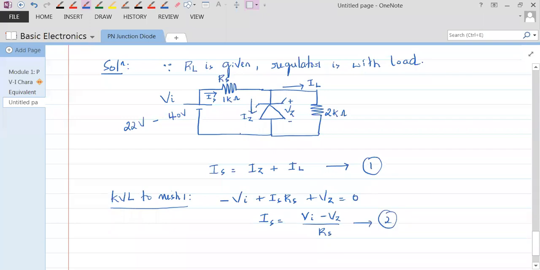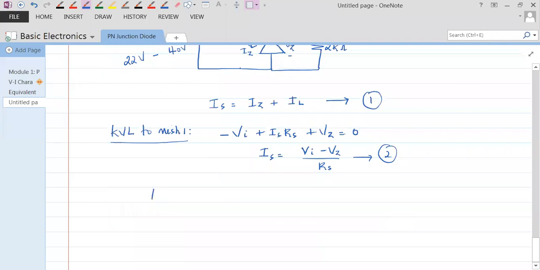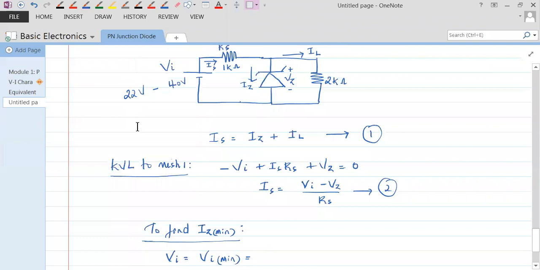So what we can do now is to find IZ minimum, because they have asked us the maximum and minimum values of IZ. To find IZ minimum, VI should be equal to VI minimum. Everybody understand this point? And VI minimum is 22 volts.